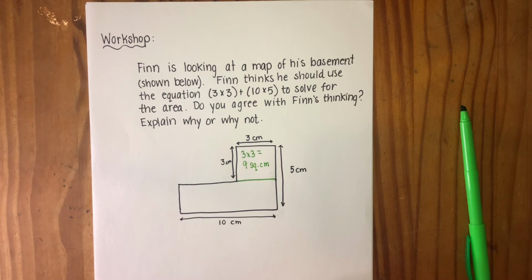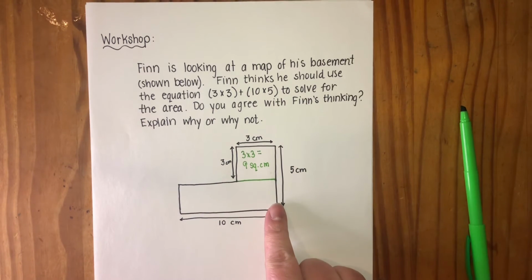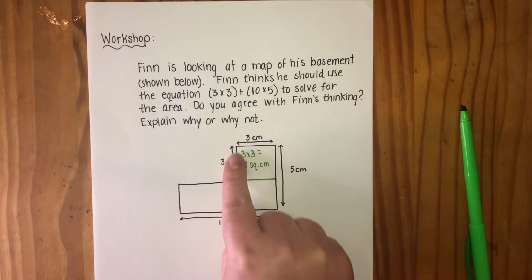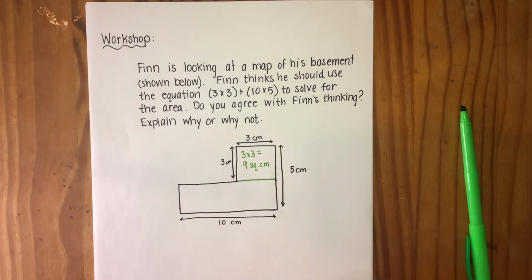I heard some scholars say that we can use the longer width on the right side and the part of the width on the left side to help us find the missing piece.